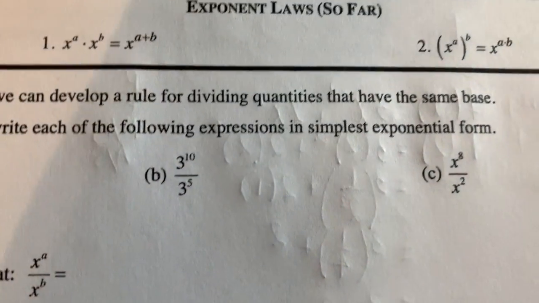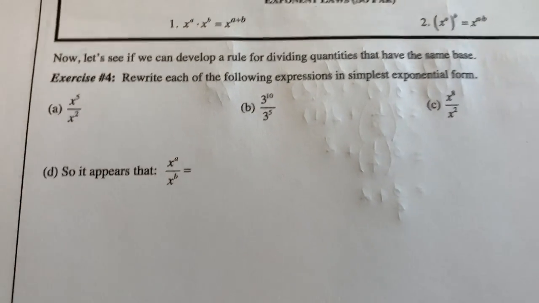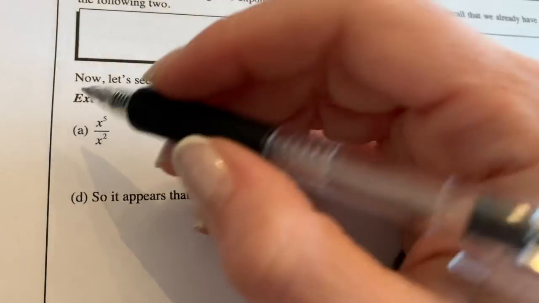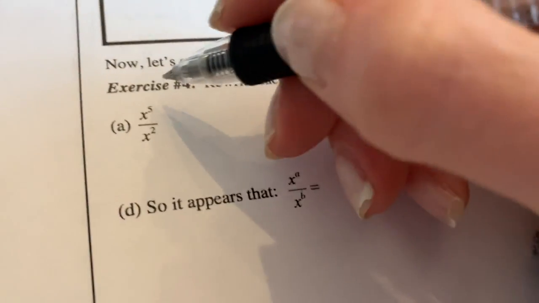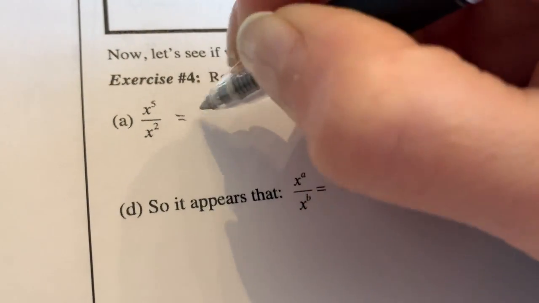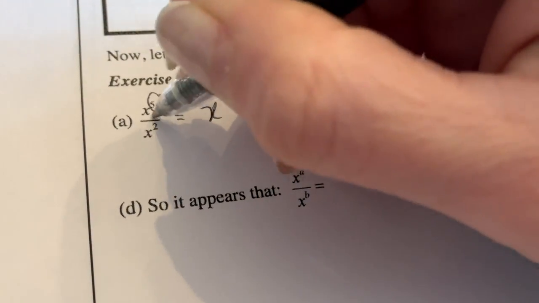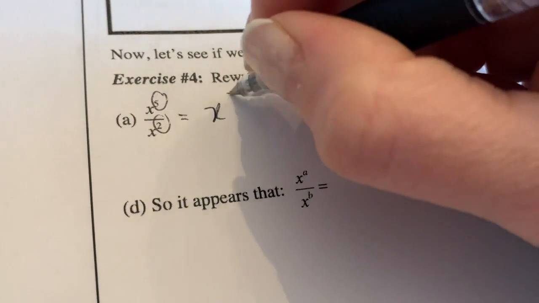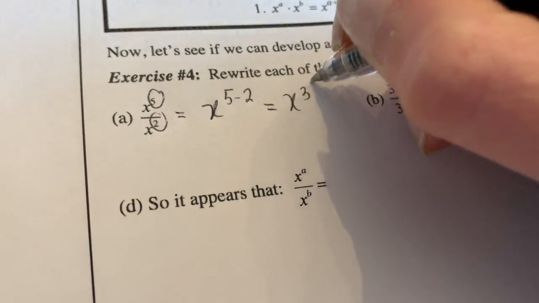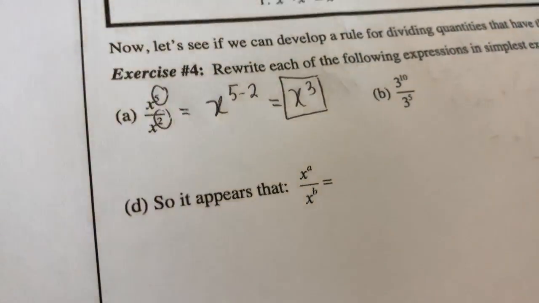Now, I went ahead and did the division with you as well, when we keep the base and we subtract. So we're just going to review quickly. When you're dividing with exponents with the same base, you keep the base, which is x, and we subtract 5 minus 2. I'll write it out for you though. So this is going to be x to the third power. Okay?